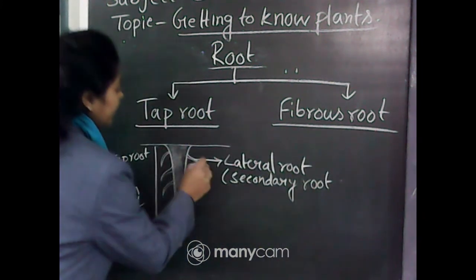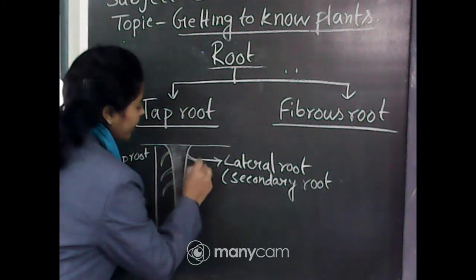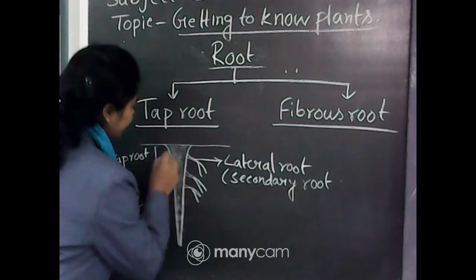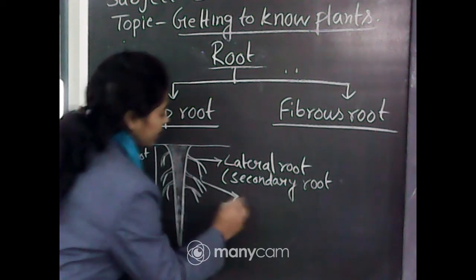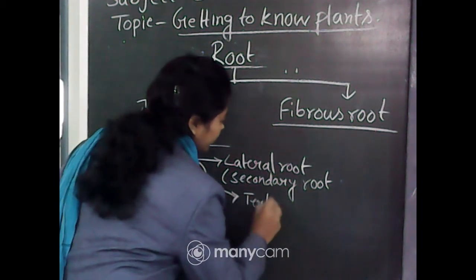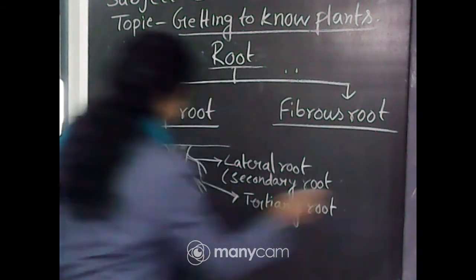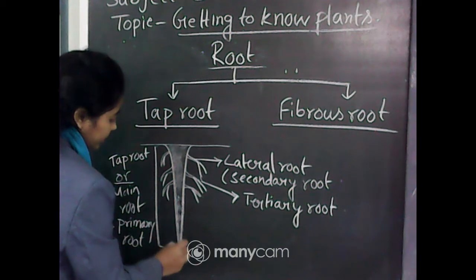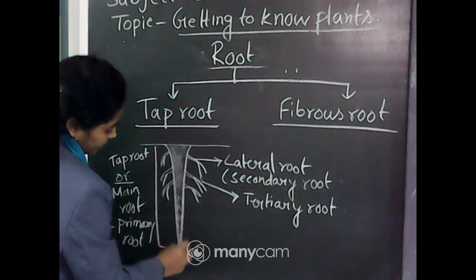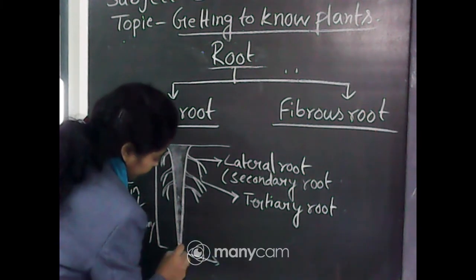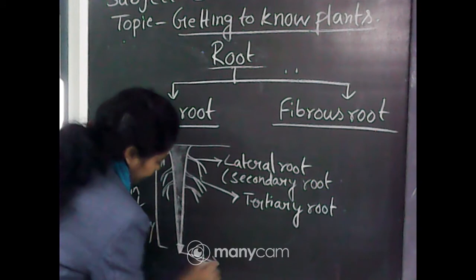Now from this lateral or secondary root, if branches again come out, then these roots are called tertiary roots. And at the tip of the root there is a root cap present here.